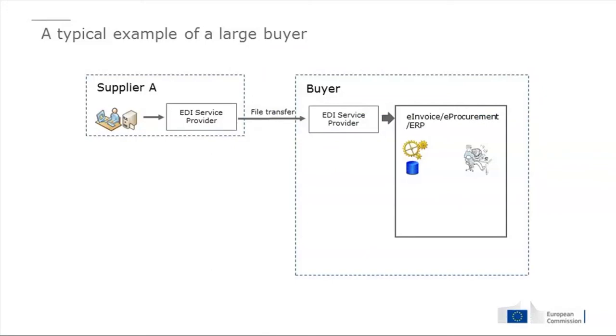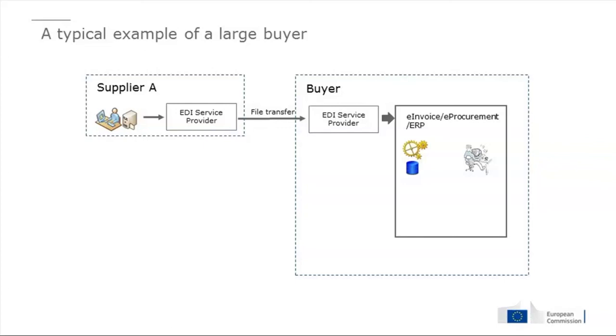A typical buyer, let's say a municipality, has an e-invoicing and e-procurement system, and they have started with EDI invoices. So they have a service provider, and they have suppliers sending invoices through file transfer to the service provider. So this is where they started.